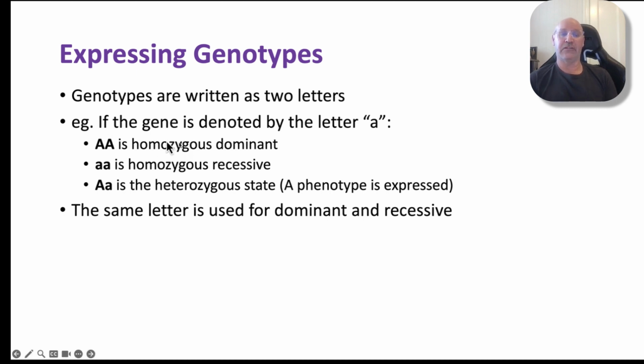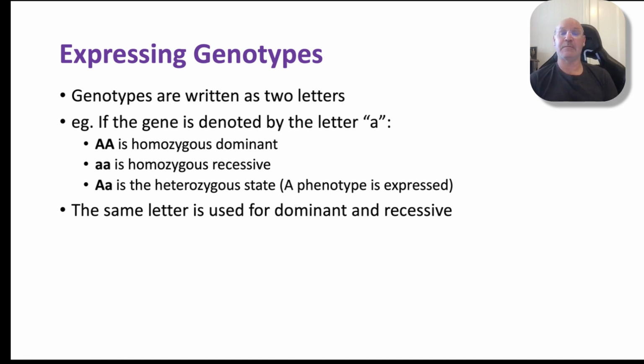So homozygous dominant is capital A capital A, homozygous recessive is lowercase a lowercase a, and the heterozygous state is capital A, lowercase a, and we always have the capital letter first. And of course, in the heterozygous state, it's the dominant phenotype that's expressed.